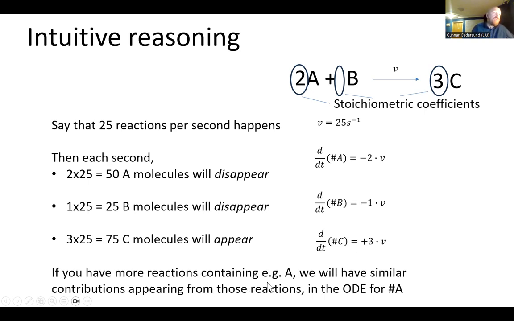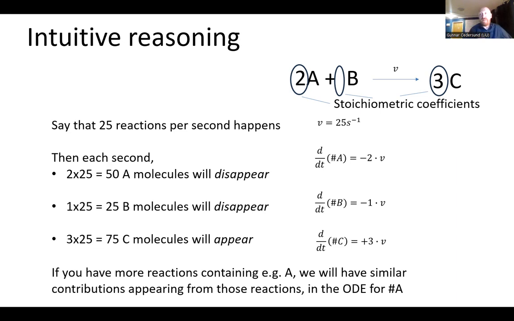If you have more reactions that also contain A, for instance, then there will be more terms of exactly the same nature that are just added onto the differential equation. So the total rate of change of the number of A molecules will be given by adding the information from each individual reaction.